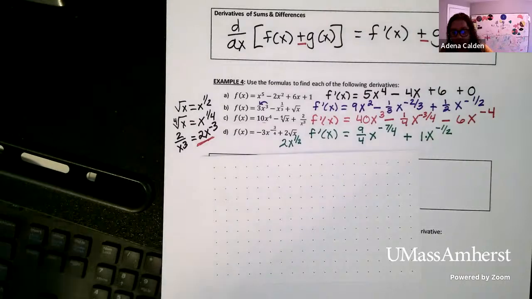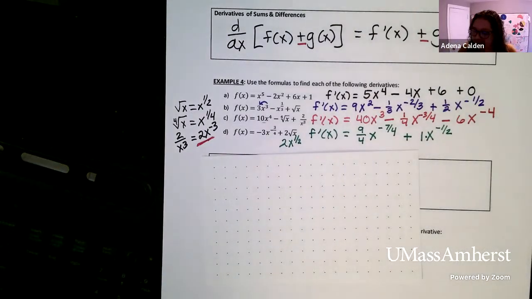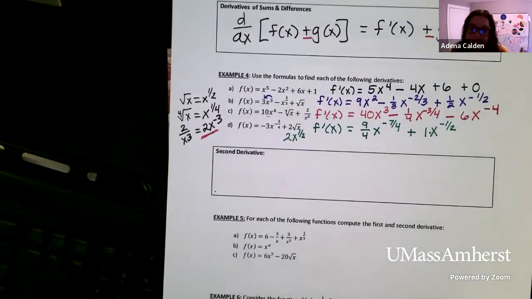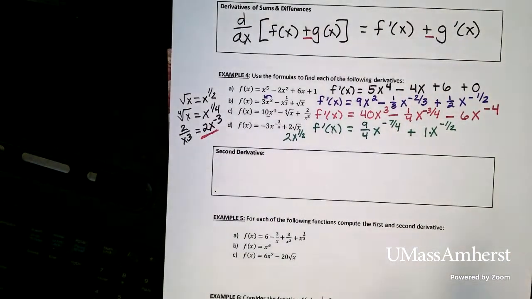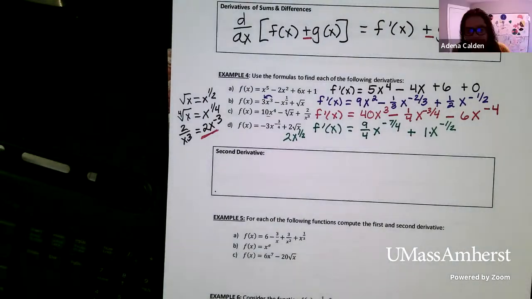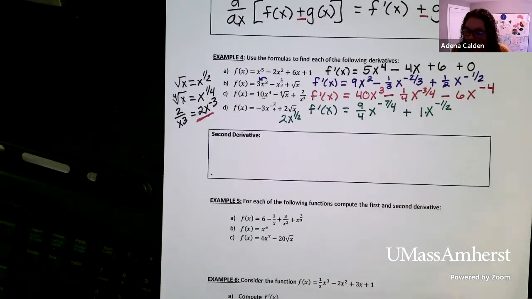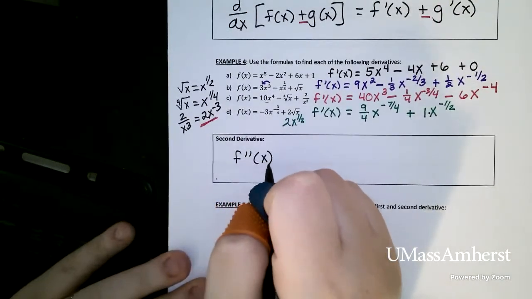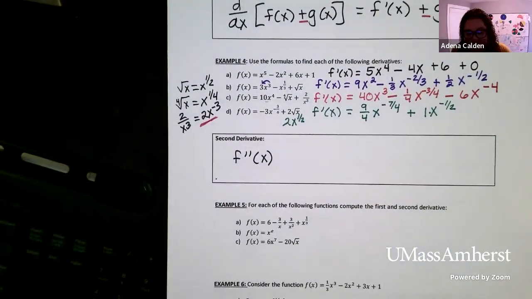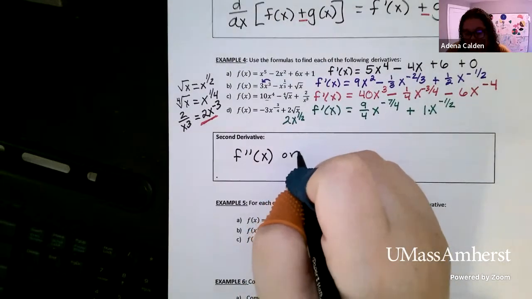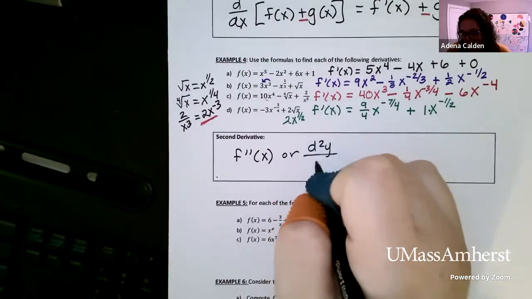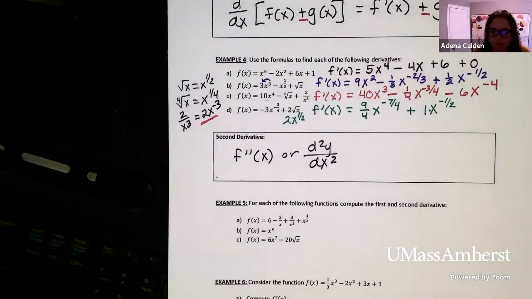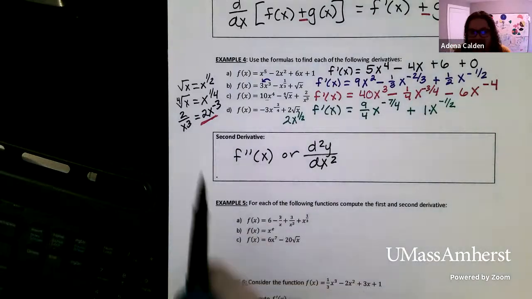Okay. So the next thing that we're going to talk about, right, still thinking about these 3 formulas we have, is the second derivative. Last class, we highlighted why the second derivative is important. So being able to find a formula for the second derivative will be really helpful. So as a reminder, we use the notation like this or like this, right? This is what helps us understand what the second derivative notation looks like.